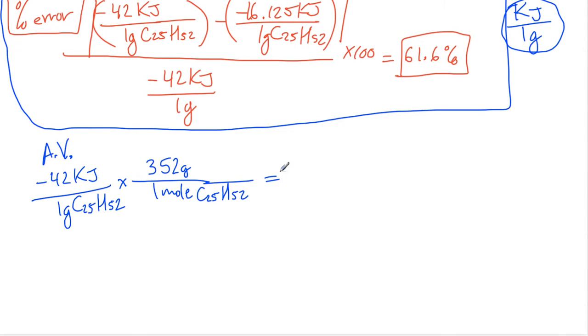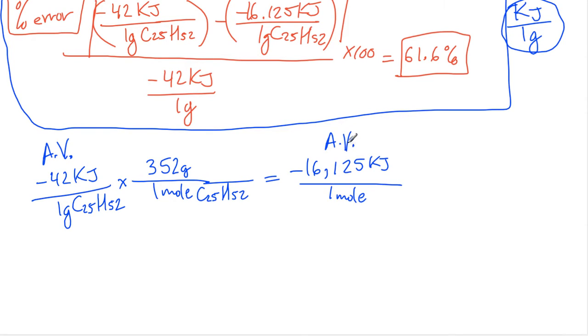So when I do that, I end up getting negative 14,784 kilojoules for every 1 mole. Now that's my accepted value.